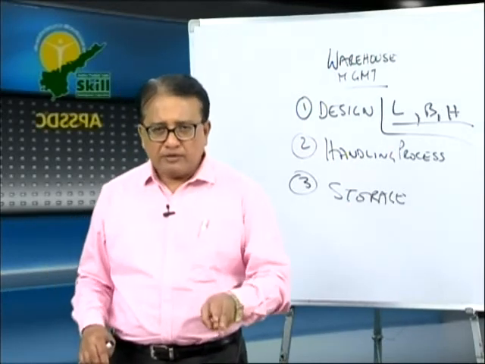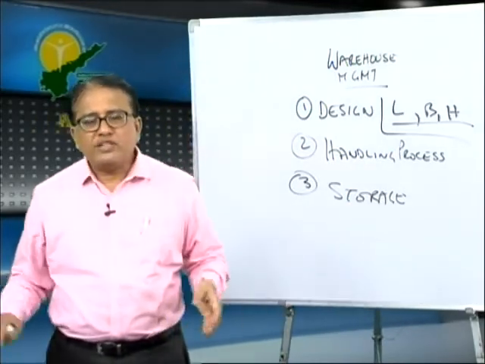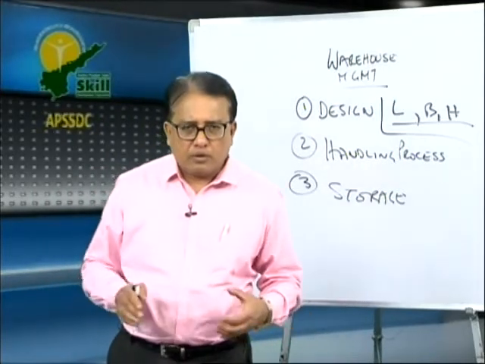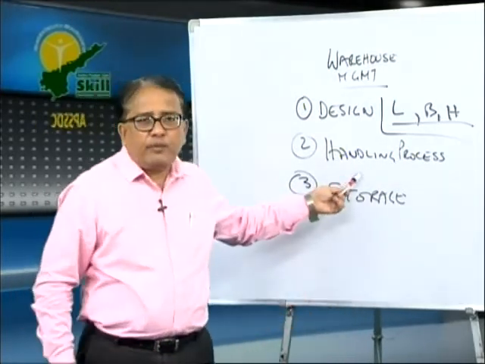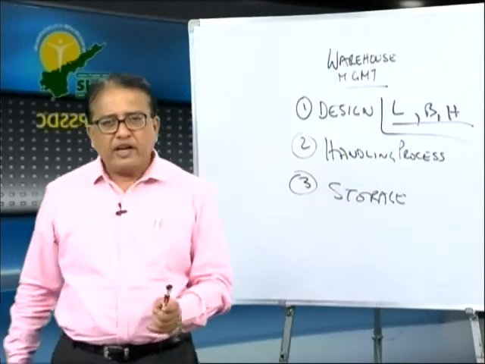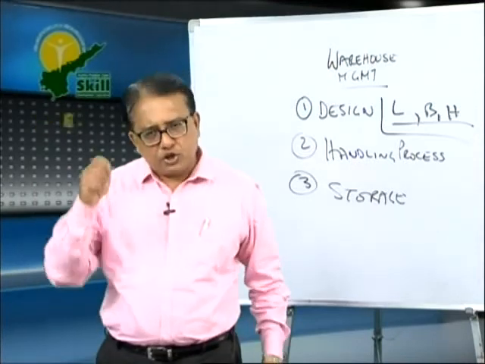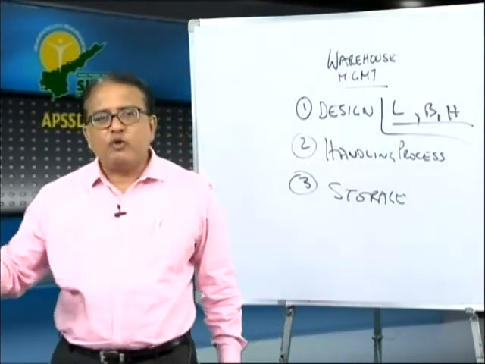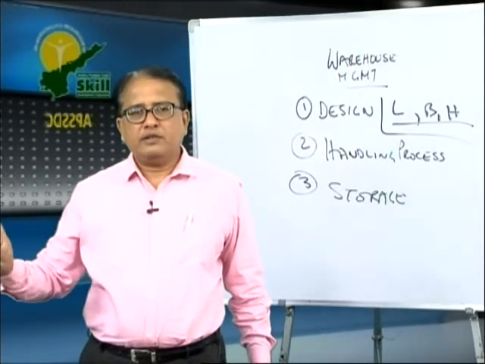And number 3, what is the product flow? I did mention previously that shipments are arriving in a warehouse, being stored and being sent out, dispatched. So, there is a constant movement of shipments within the warehouse.